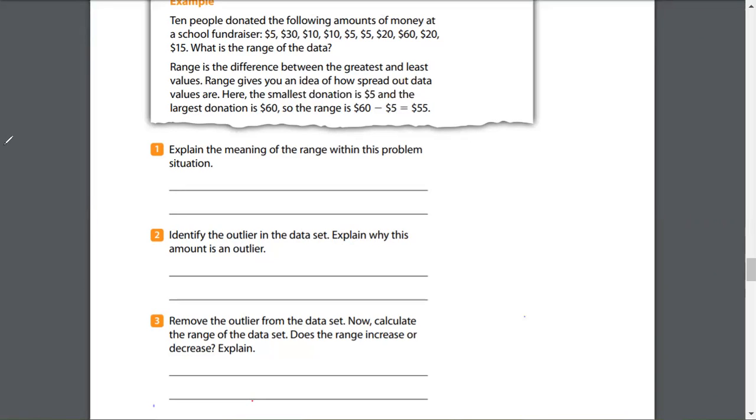So it decreased by more than half. Right, and so now we're closer together. Now the people are all around that same amount, and then you have the person who gave the most money. They're the most generous person.